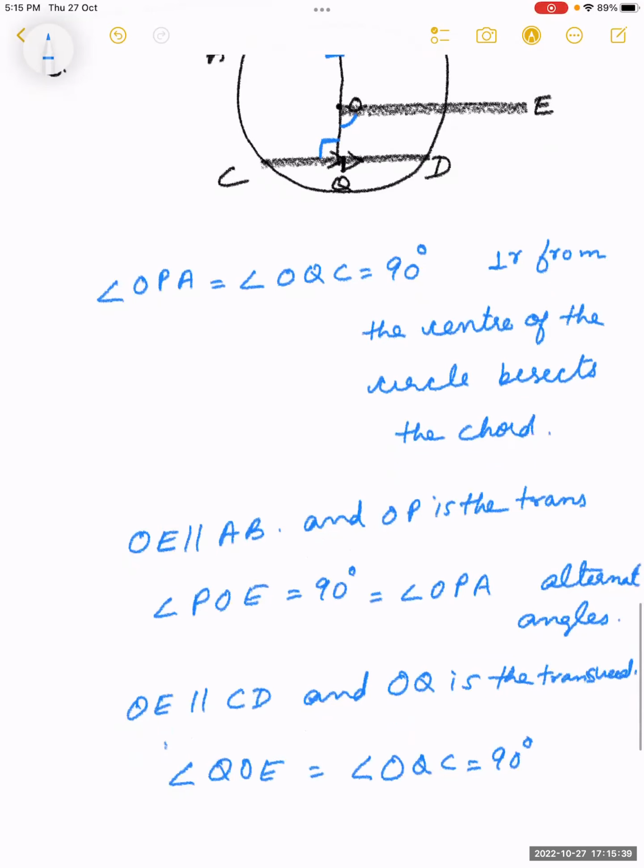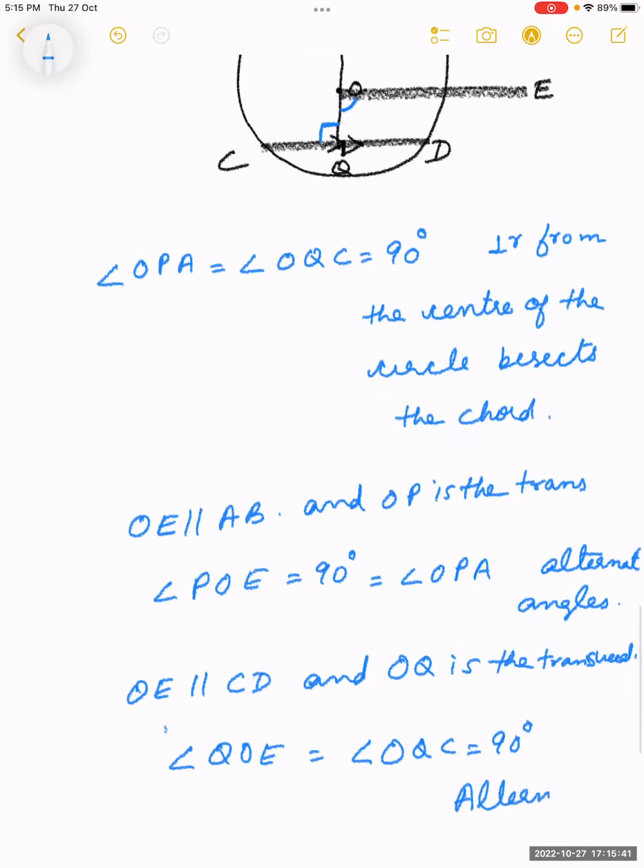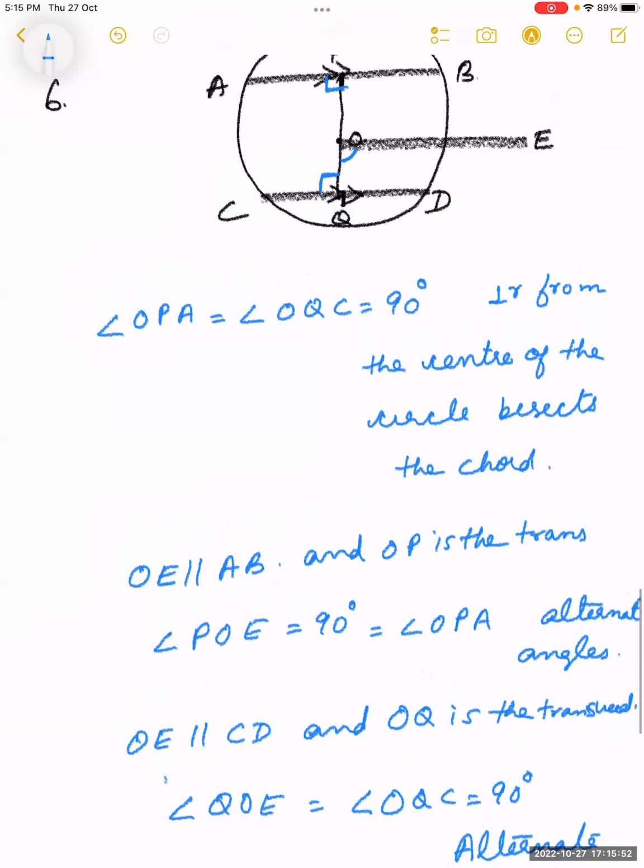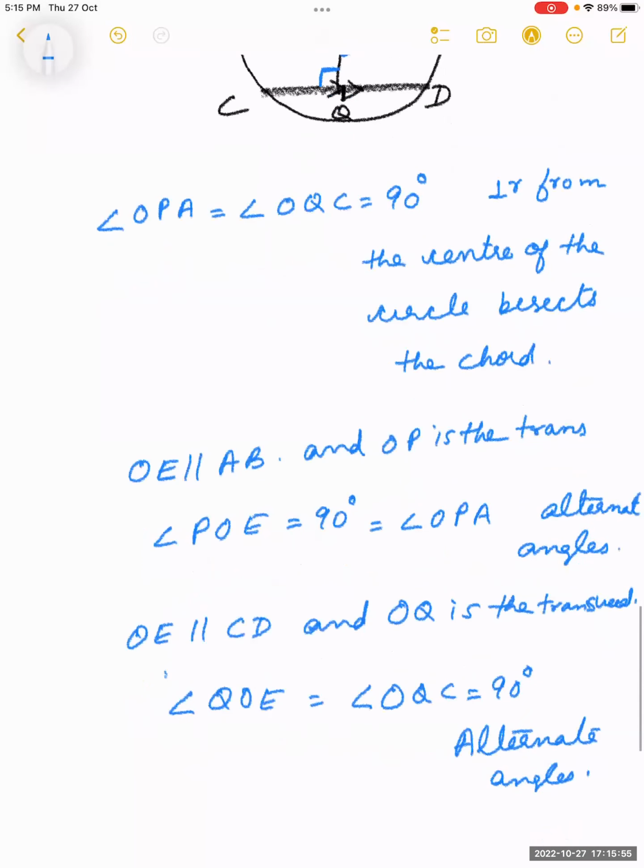Again, these are alternate angles. So we have got angle POE and angle QOE written.